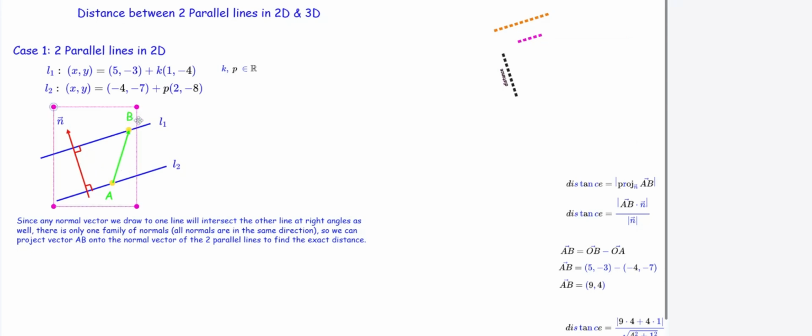So we have point B on line 1 and point A on line 2, and the vector's direction is from A towards B. We will see that L1 is written in a vector form, which means that will be a point B, and this will be direction vector 1, and that point here will be point A, and that will be direction vector 2.